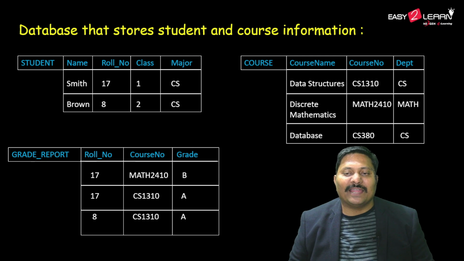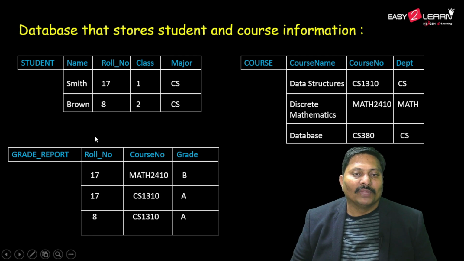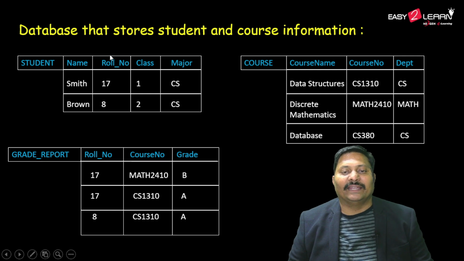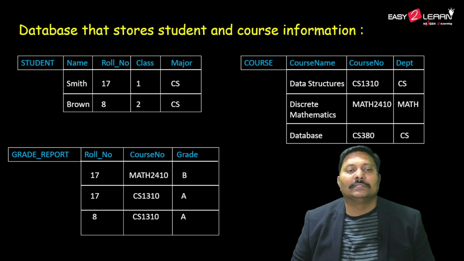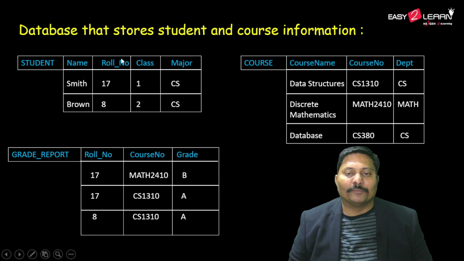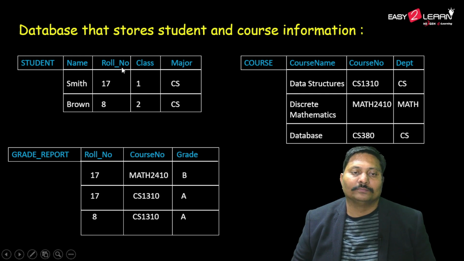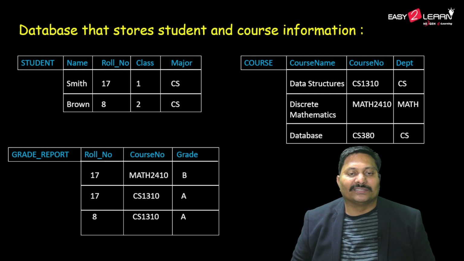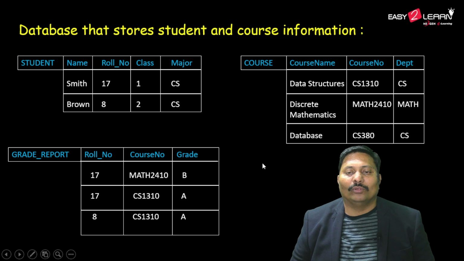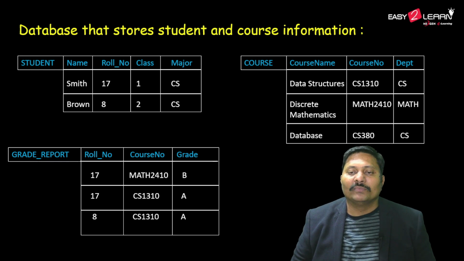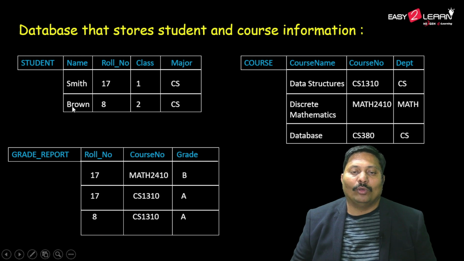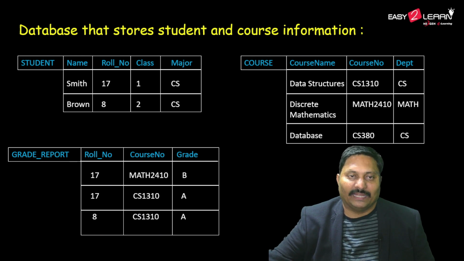Specifying a data type would be, for example, for the student name, I can say the data type should be a string of characters, or for the data element roll number, I can say the data type should be an integer, and so on. And we have already discussed what a constraint is. I can give a constraint on the student name saying that student name cannot be null. So this is all about defining the database.